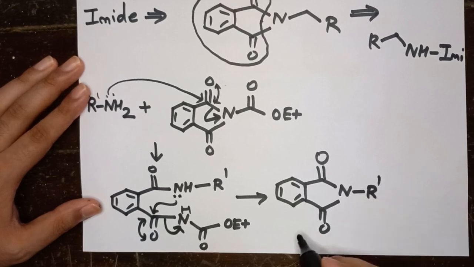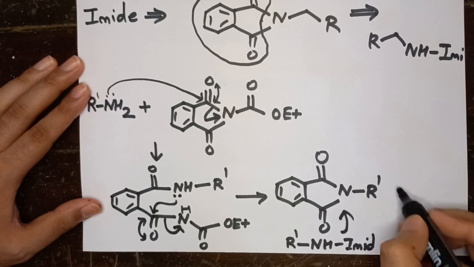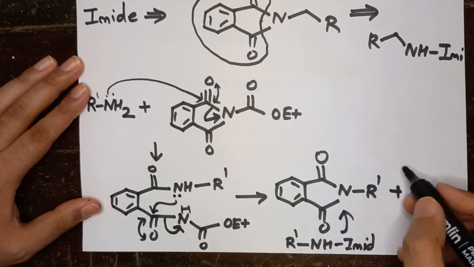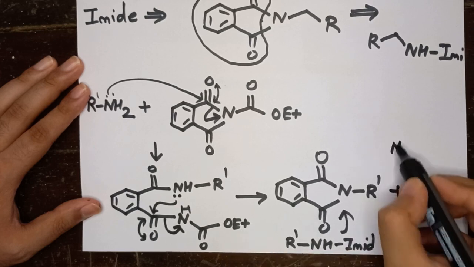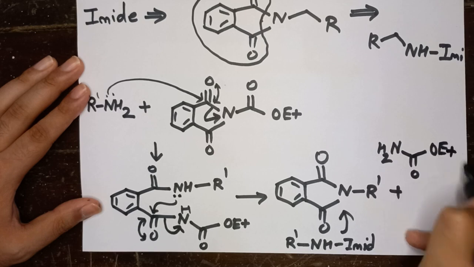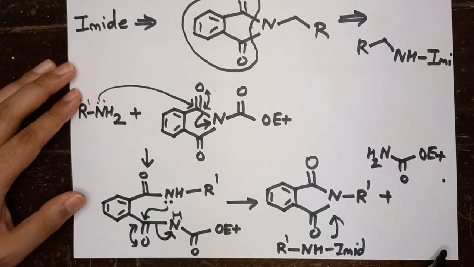So this is the R dash NH imide group. This is what we call imide protection. The byproduct for this reaction is NH2 C double bond O OEt. This is the byproduct. So this is about protection of the amine group using imide.